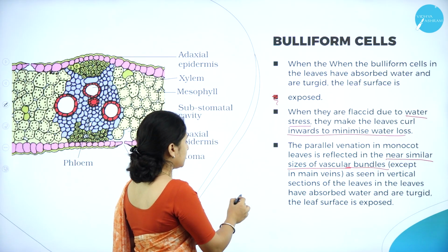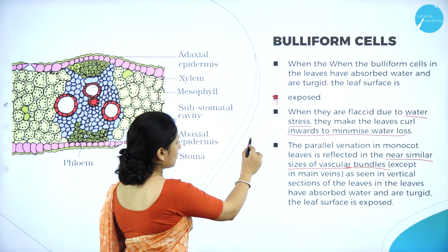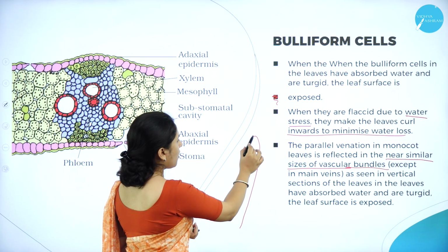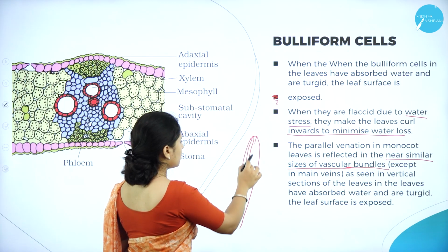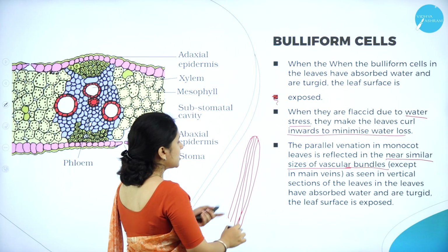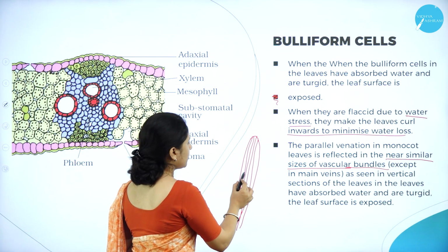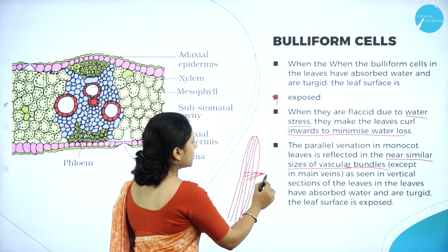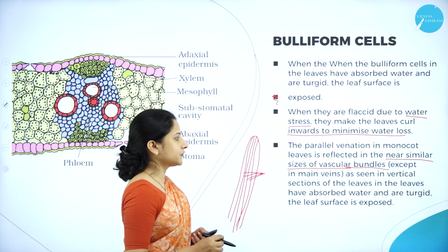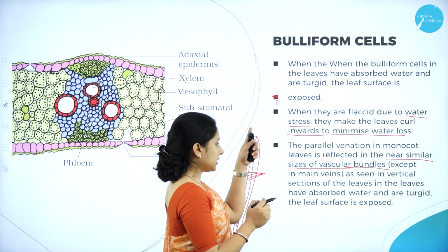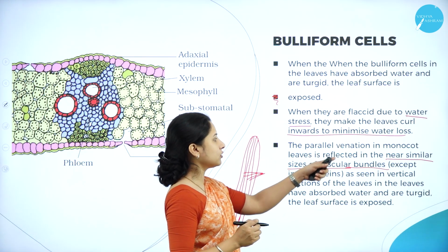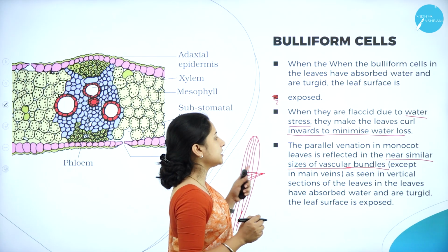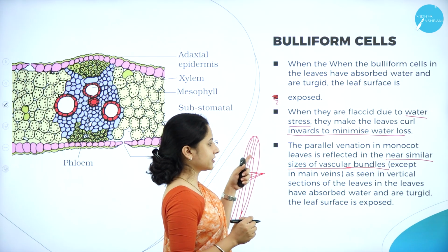But in the case of a monocot leaf, such as that of a grass, all the veins are of equal size and thickness because they don't have a reticulate venation. They just have parallel venation, and all these veins are of equal size. Because of that, except in the main veins, the parallel venation of monocot leaves is reflected in the nearly similar sizes of vascular bundles.